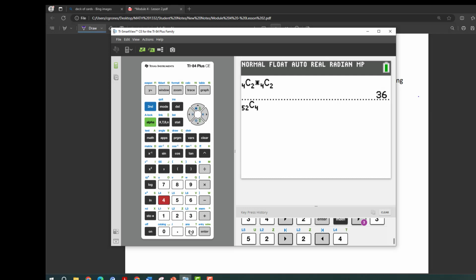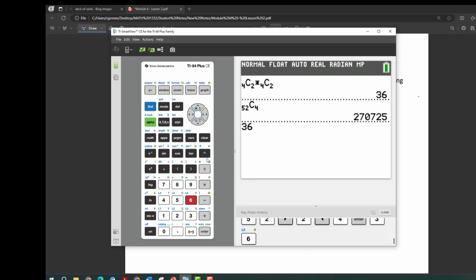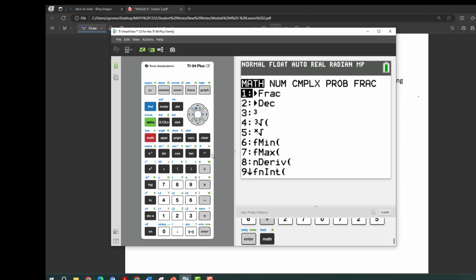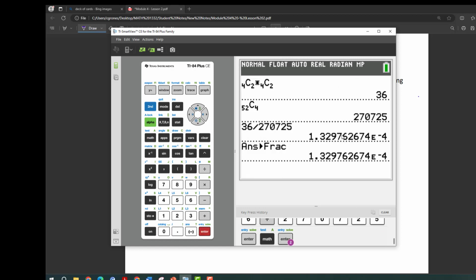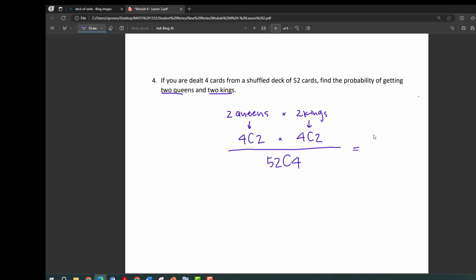Oops, 52C4. In order for you to do it all at once, you'd have to change the settings, and I'm not going to get into all that right now. So we have 36 over 270,725. So let's see if it can be reduced. Okay, so we'll leave it as 36 over 270,725.